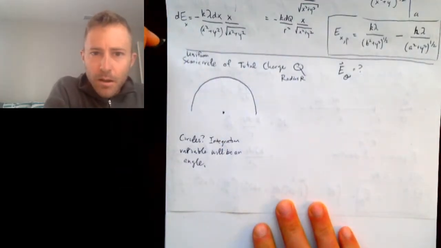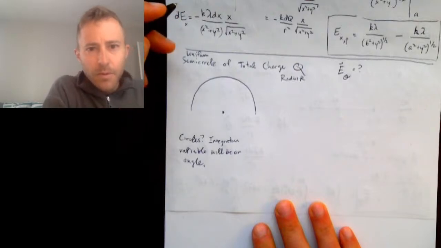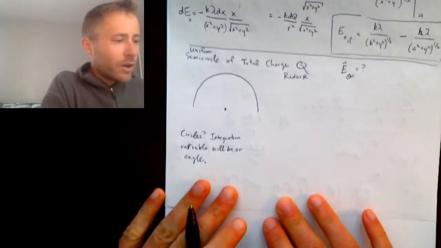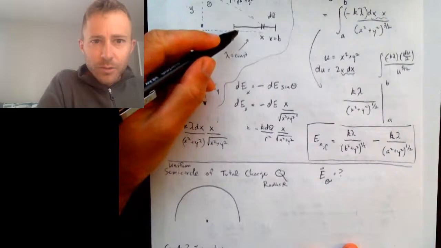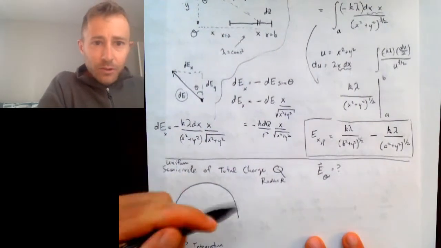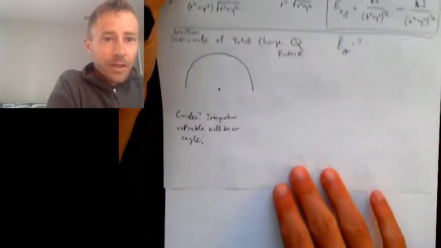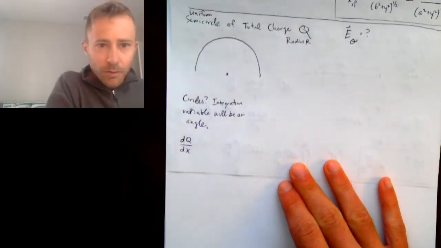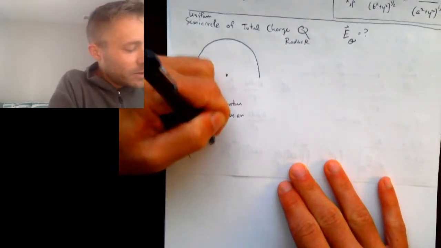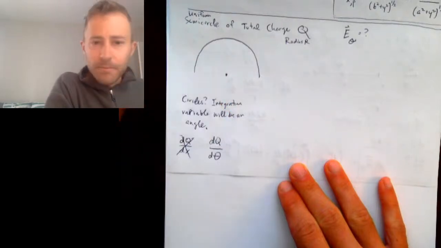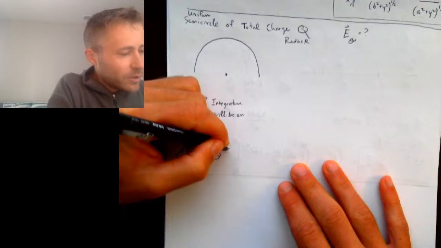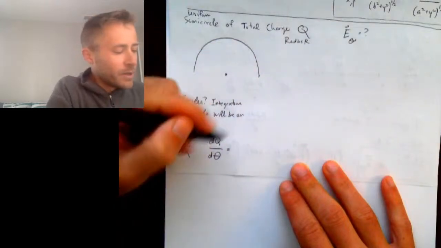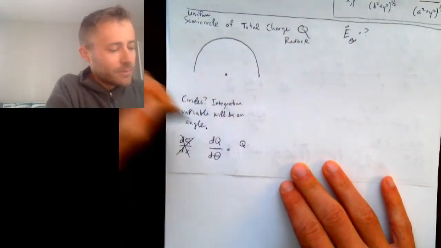Notice how here I had a line, so my integration was over x. But here I have a circle, so my integration variable is going to be an angle. So I'm not going to have dq dx. I'm going to have dq d theta. And so what is dq d theta? Well, I know that it's a uniform semicircle of total charge q, so the total amount of charge I have is q.